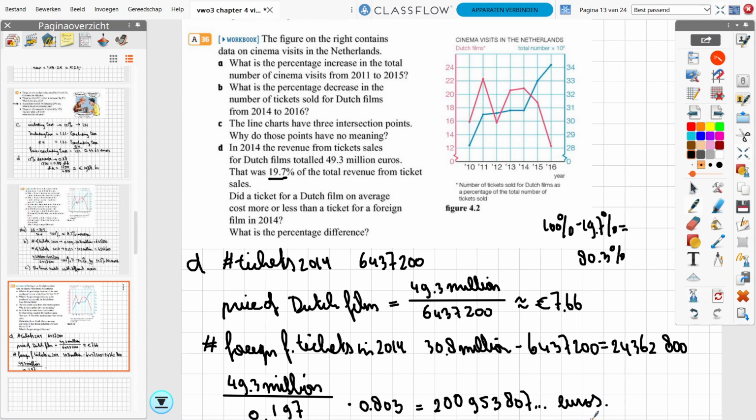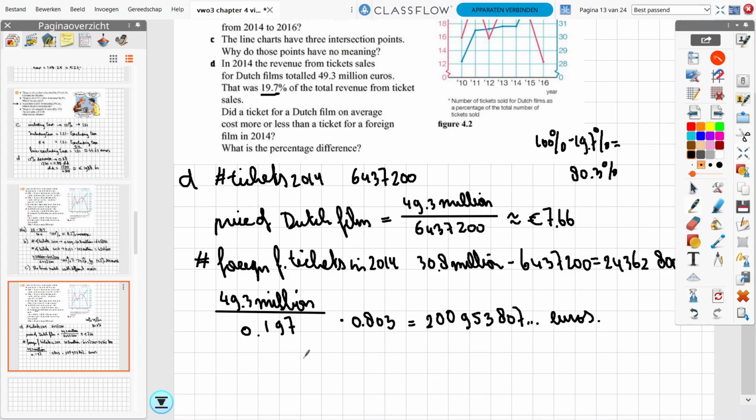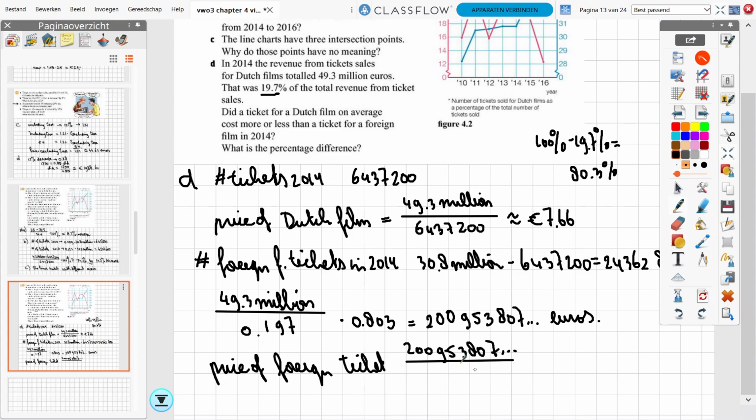Okay, and what you're now going to do is divide one upon the other. So now the revenue, so this is the revenue for foreign films. So the ticket price is going to be that number here, a great number, divided by the total amount of tickets, 24.